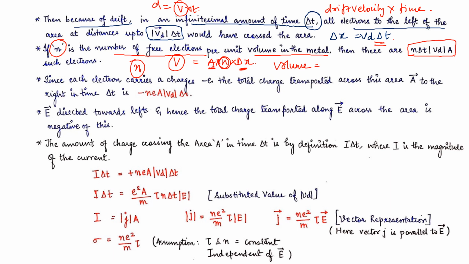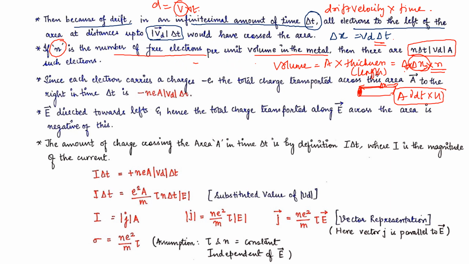For this cylinder, we find the volume as area into its thickness, and from the previous equation we know the thickness is given by del x. So area into del x, thickness or length, anything is fine. Del x is its length, so area into length will give us volume, and the number of electrons is n. Now replacing del x, it will be A into Vd del t into n. So this is our equation for the number of electrons in a given volume.